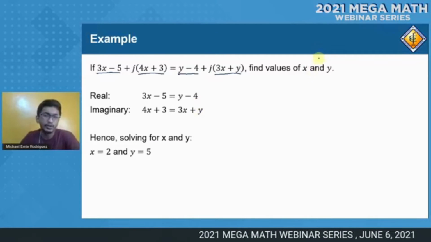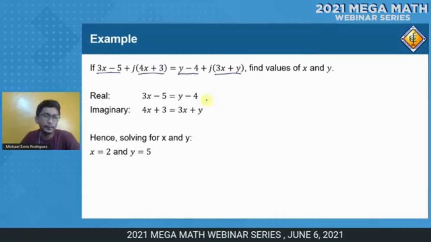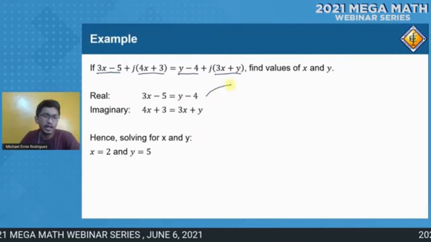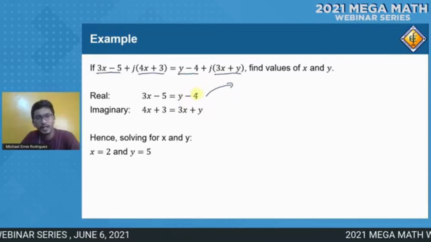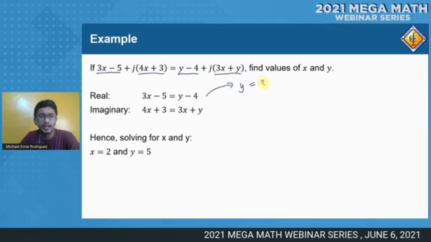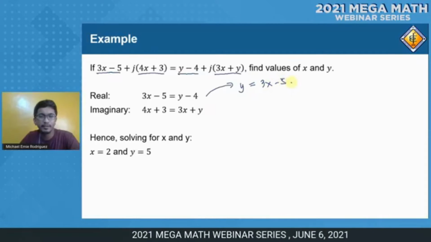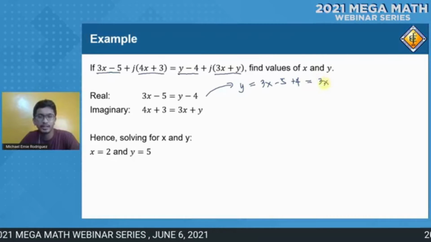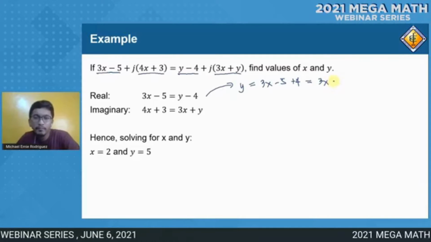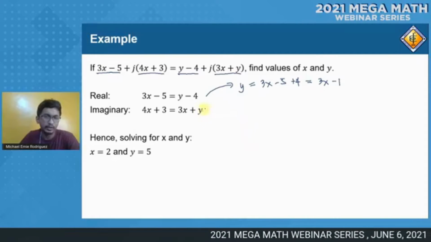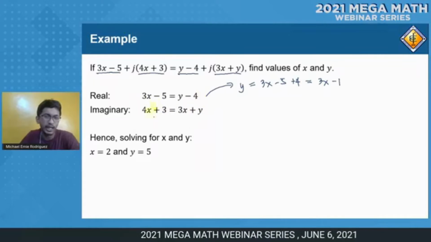So, para natin ito isosolve, kung i-algebra natin to, from this first equation, pwede natin gawin na y is equal to 3x minus 5 plus 4, or simplify natin, that is 3x minus 1. And then, substitute natin on this second equation, sa imaginary.